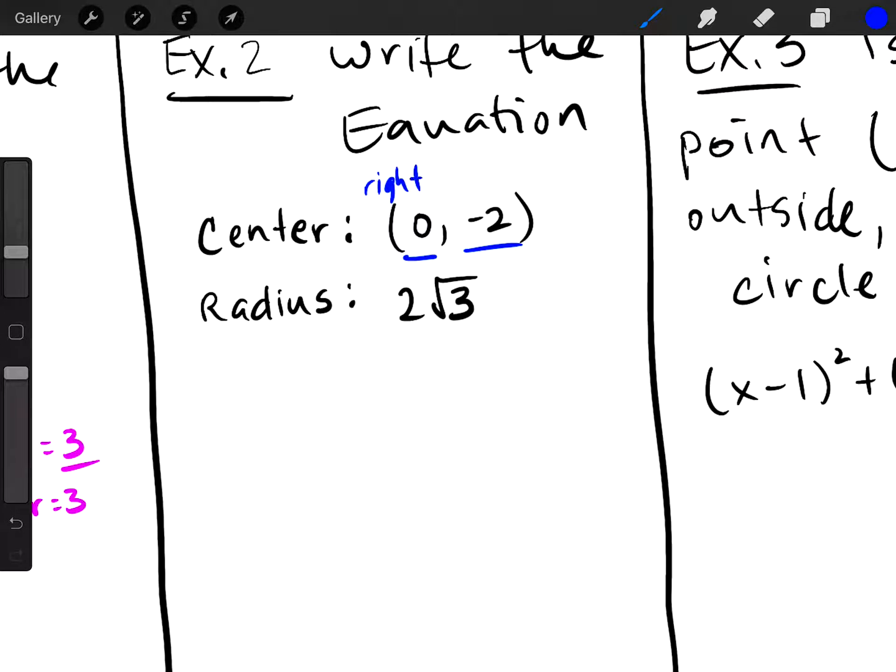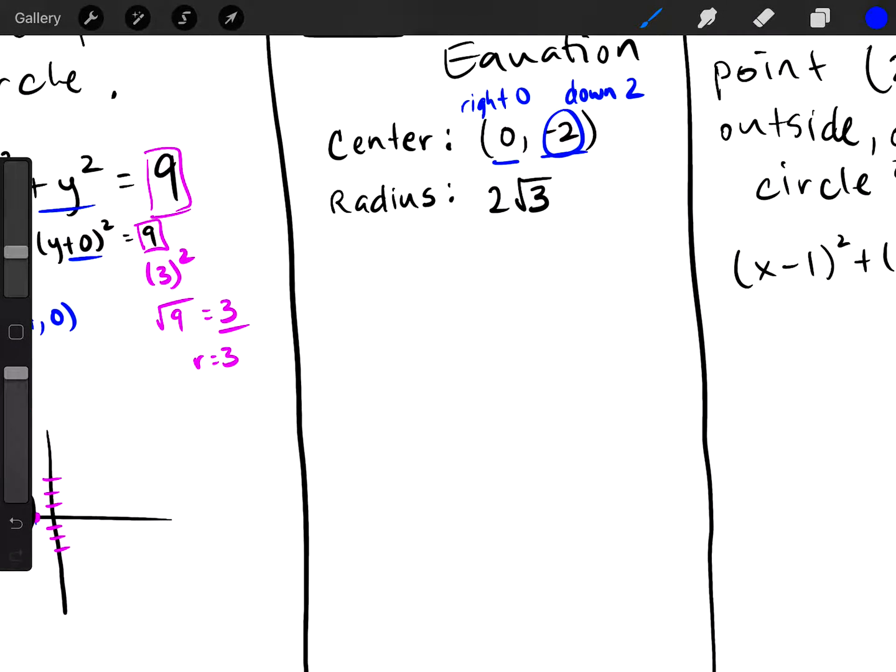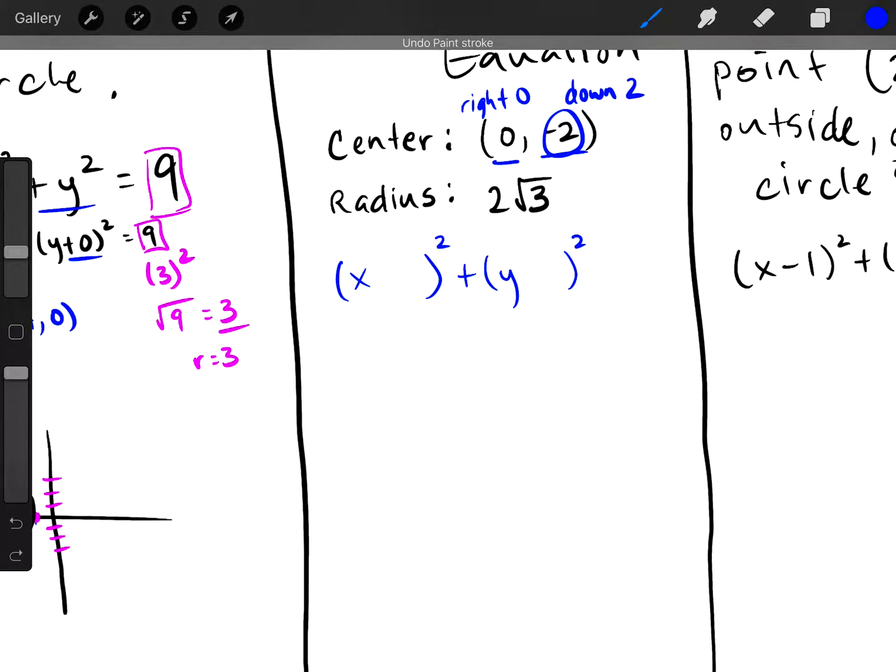Now the second thing we talked about in our last session was how to write the equation. We can kind of go backwards here. We look at the center, and we look at the radius. I chose this because it's a little bit different. You look at the center, our x is 0, saying we're going right 0.